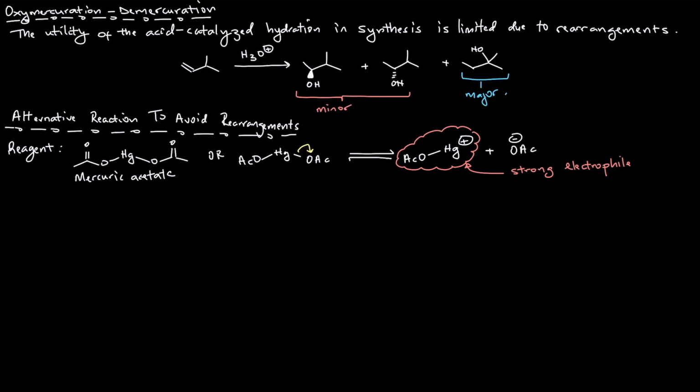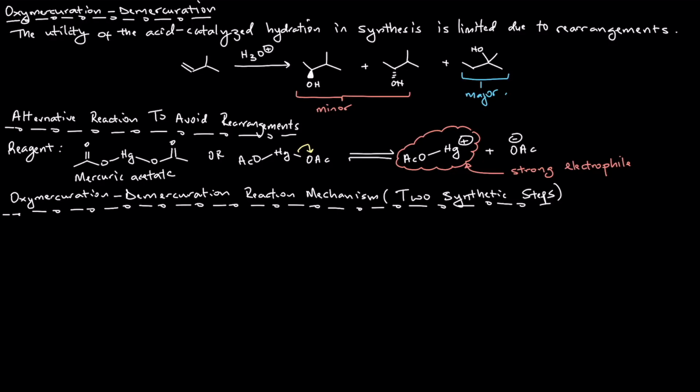Okay, so the reaction is called an oxymercuration-demercuration reaction. And that oxymercuration-demercuration reaction actually occurs in two synthetic steps. The first synthetic step is your oxymercuration, and then the second synthetic step is the demercuration. So let's look at the mechanism for the oxymercuration reaction, and then finish up with the workup with the demercuration reaction.